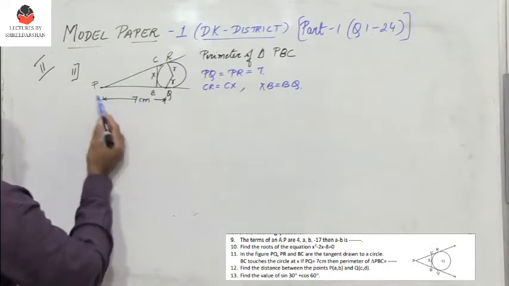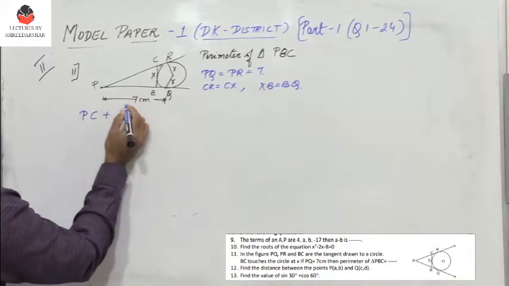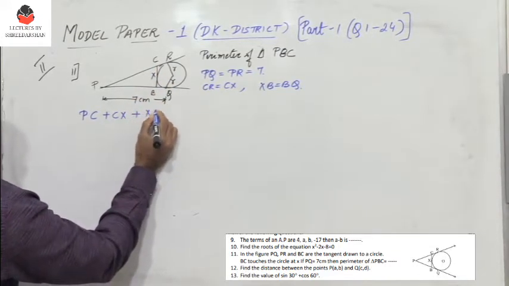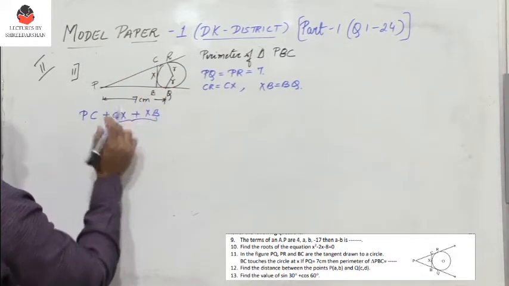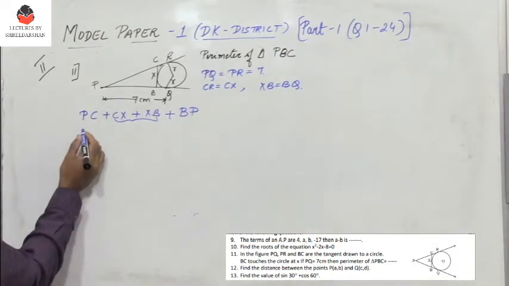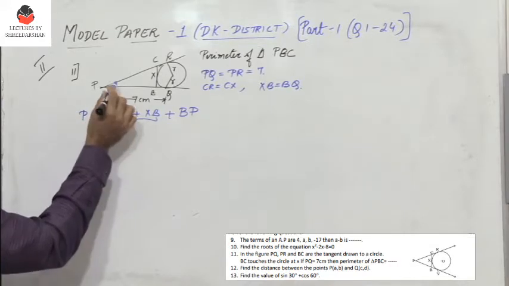So the perimeter can now be written as, the perimeter of the triangle is PC plus, I can write this as CX plus XB. So this entire thing is nothing but CB plus BP. So I have CP plus CX. What is CP plus CX?